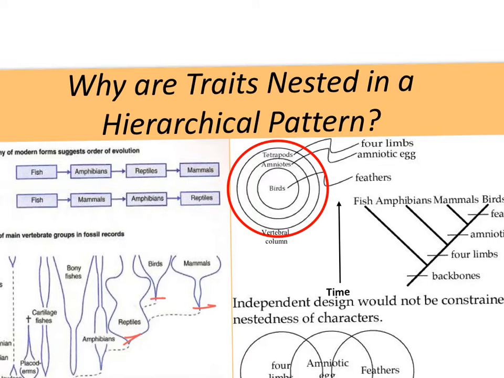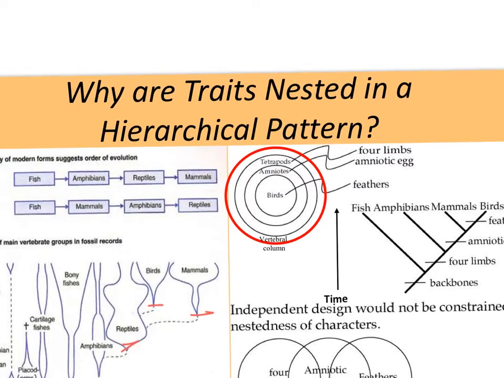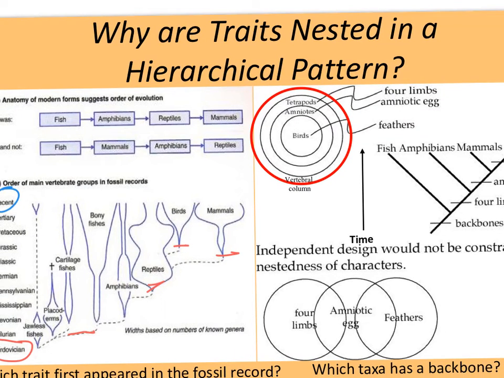Newer taxa have more recent traits. Okay? And so that's why birds, we'll say, are the most recent. They have feathers, they have bills, a number of other specific features that no other groups have.